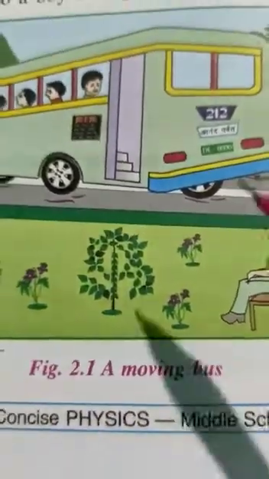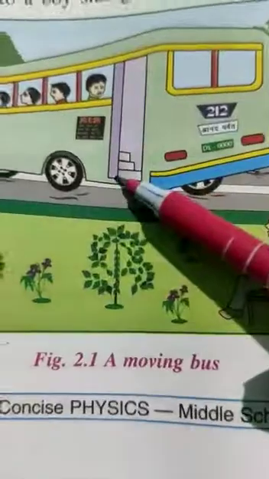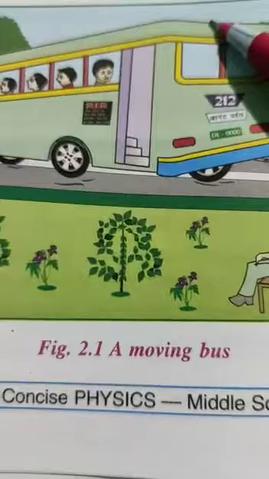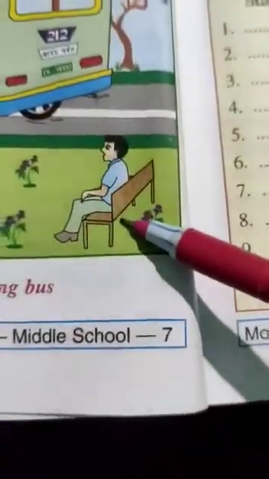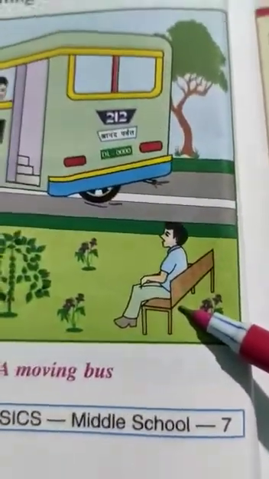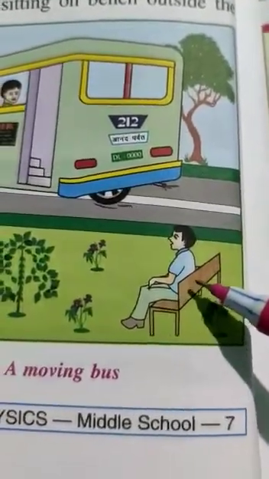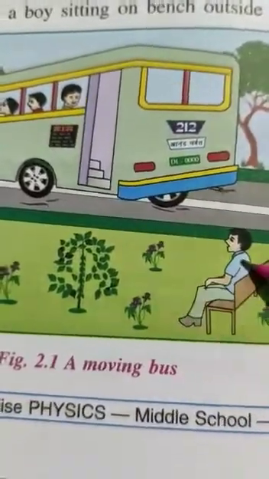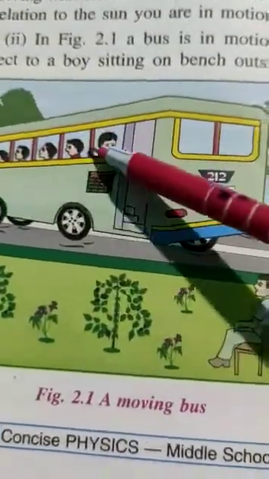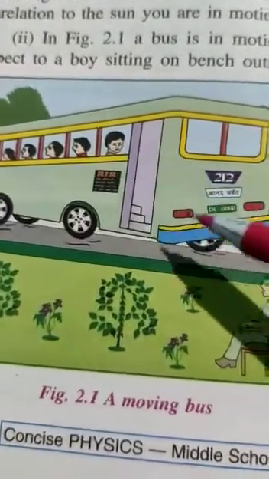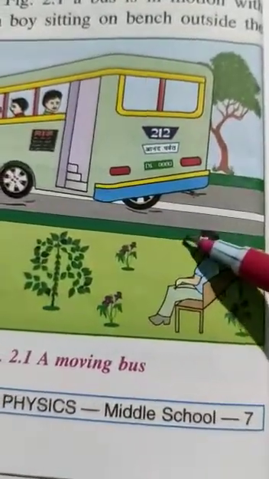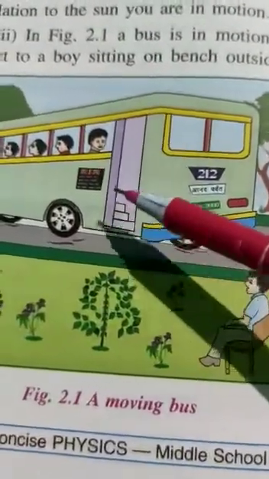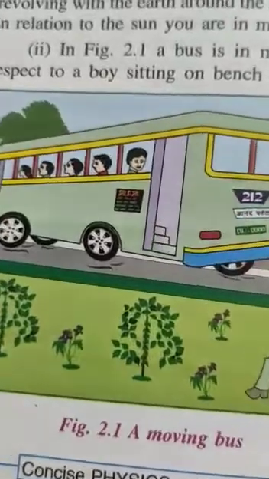Other example, suppose this is a bus. A bus is in motion with respect to a boy sitting on a bench outside the bus. Okay? But the trees around him appear to be at rest. But to a boy sitting inside the bus, the trees and the boy outside the bus will appear to move in the opposite direction, and the roof of the bus or the driver of the bus will appear to be at rest.